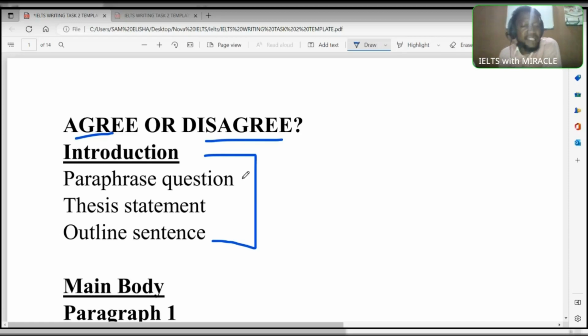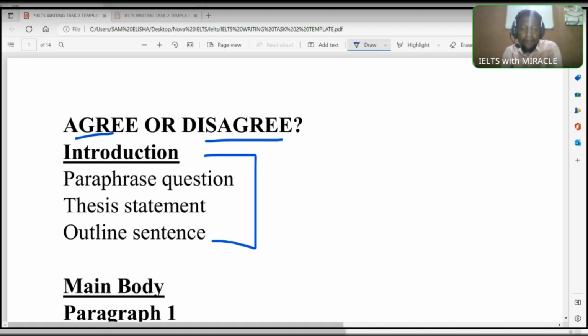Thereafter, within the same paragraph, you have your thesis statement. The thesis statement is that statement that tells the reader where you belong. It tells the reader whether you agree or you disagree, right?